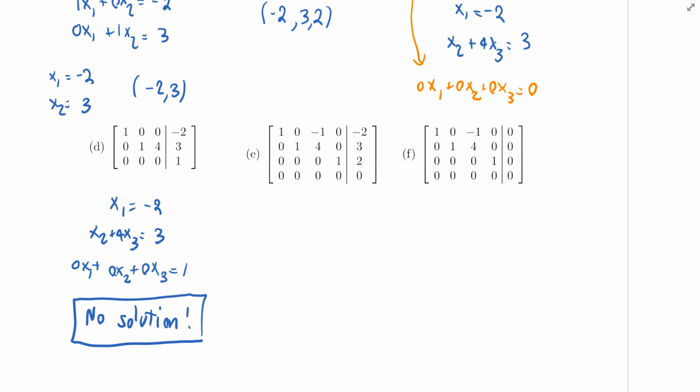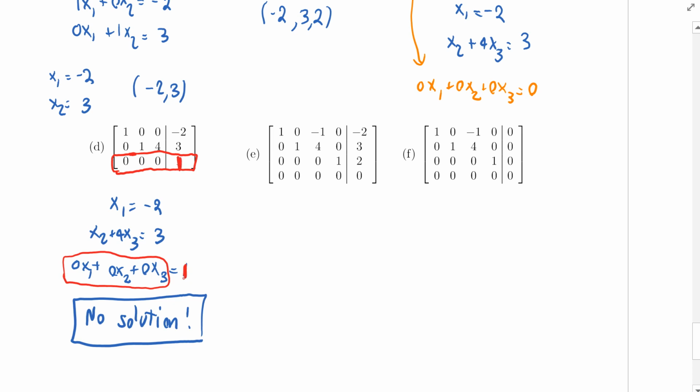So basically, whenever we have something that looks like this, we're going to have a problem. Whenever we have a row where the leading one appears in the last column, the entire left-hand side, whatever the number of variables, is going to be 0, but your right-hand side is going to be a 1.